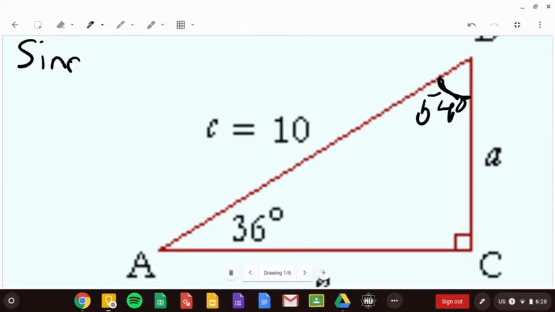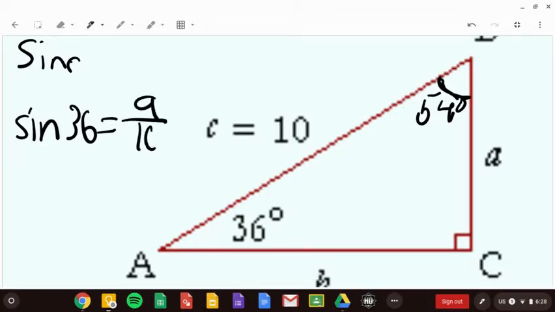So you're going to set it up to where it says sine 36 equals, since it's sine, opposite over the hypotenuse, so A over 10. To solve for A, you just use basic algebraic skills and multiply by 10 on each side.